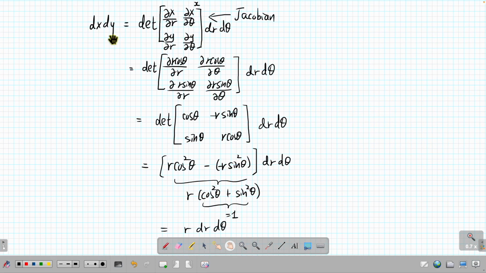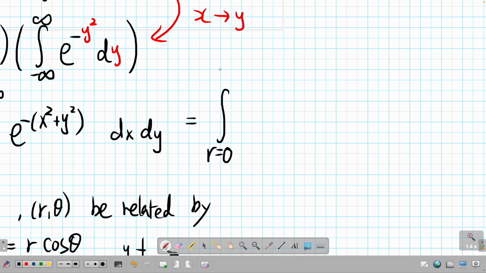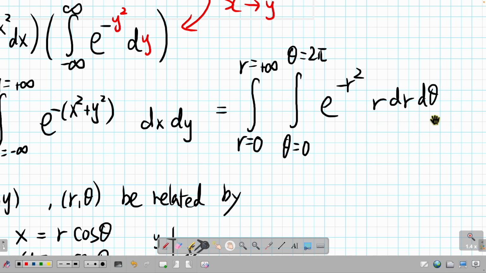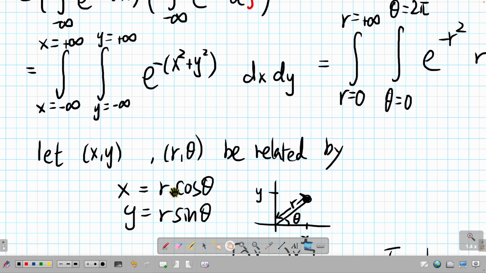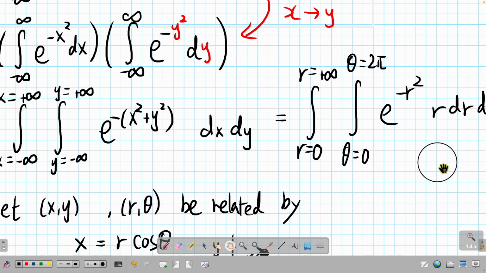In other words, dx dy is the same as r dr d theta. And because x and y are defined like this, x squared plus y squared will be r squared. Integrating x from negative infinity to positive infinity and the same for y is the same as integrating theta from 0 to 2 pi, that means the whole plane, 360 degrees, and r from 0 to infinity. So we have this integral.